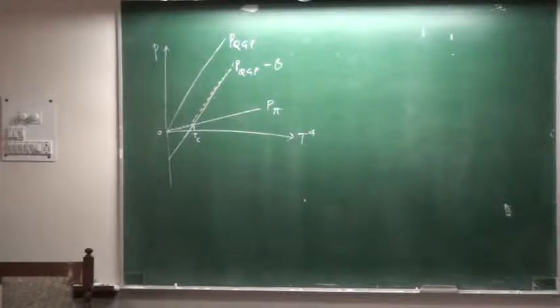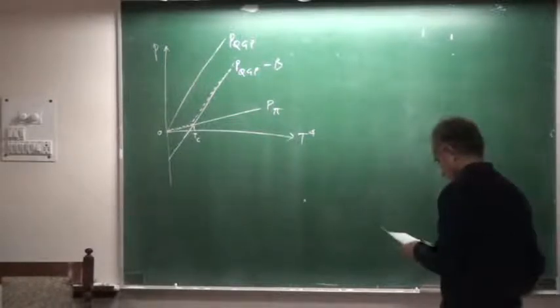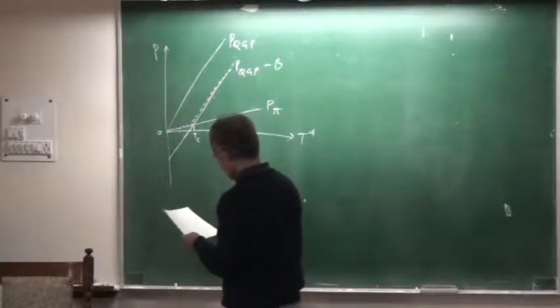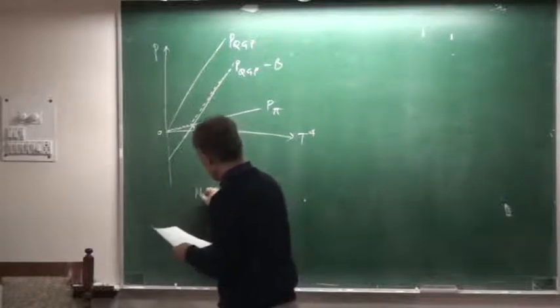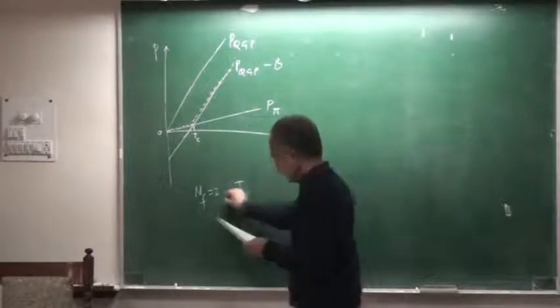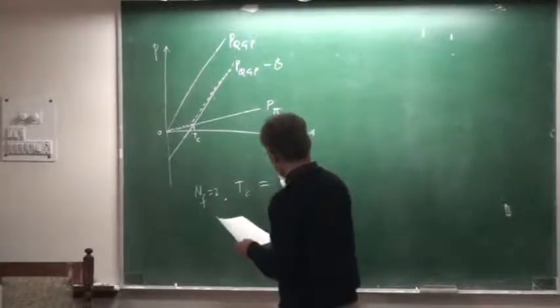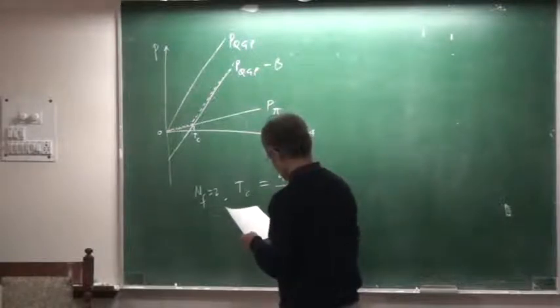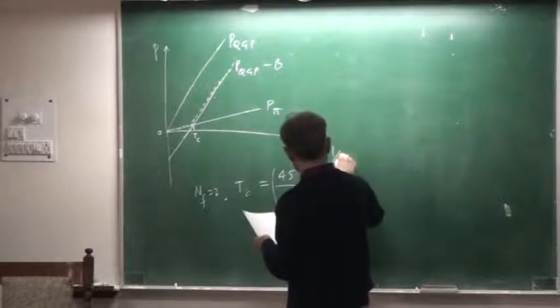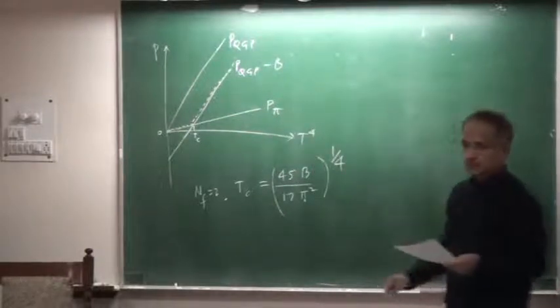One can calculate. Since we know the expressions for everything, we can estimate the TC from here. You can do it yourself: if you take QGP with two flavors, then TC will come out to be... This is coming from this graph, not from the model.